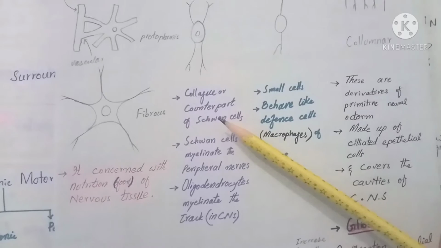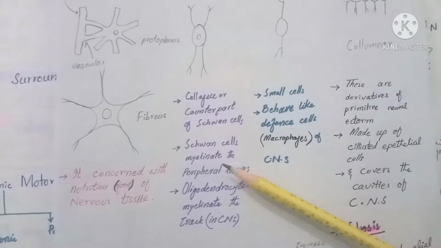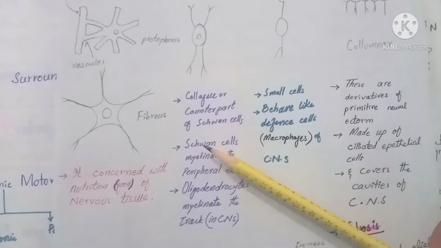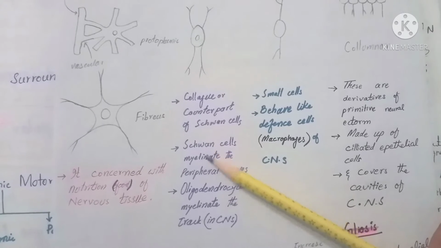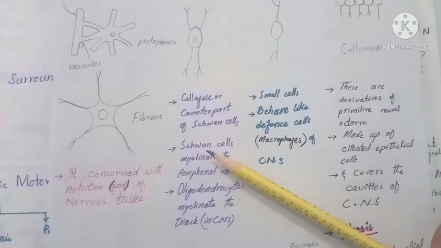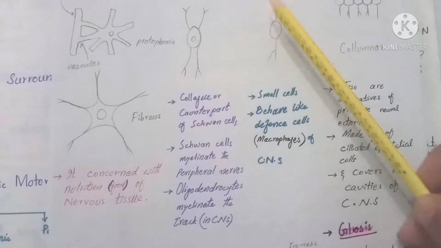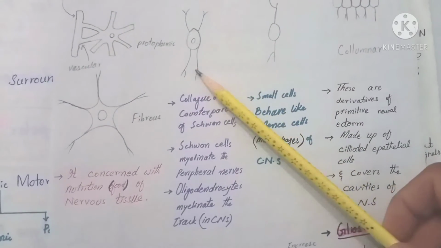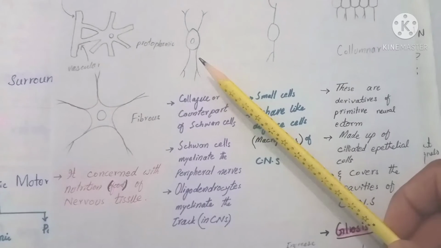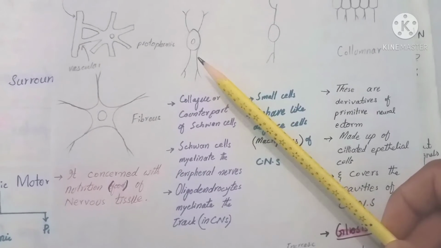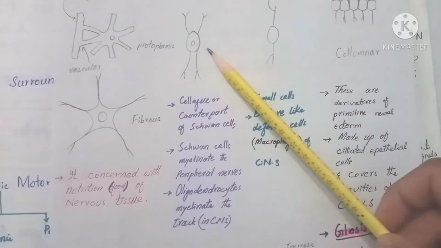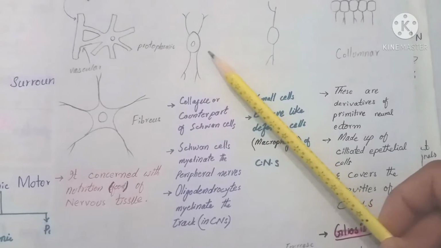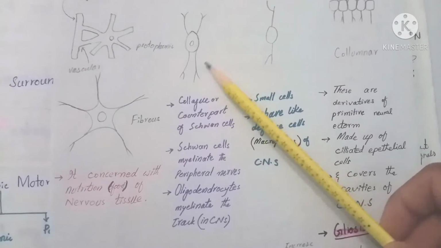Schwann cells myelinate the peripheral nerves. In the last video we talked about myelination. Myelinate means it makes a wrapping around the peripheral axons, and myelin means fat, a layer of fat around the axon in the periphery.